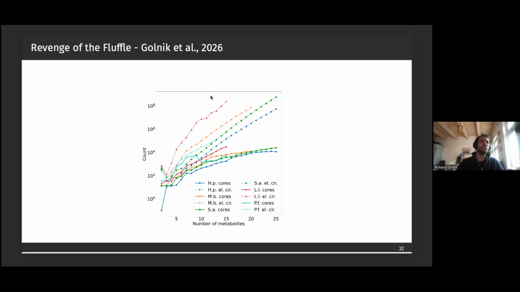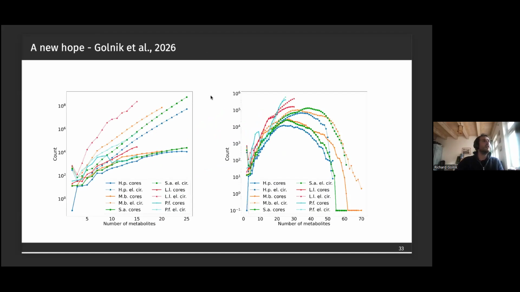Because if there is a metabolite to reaction chord in the elementary circuit, which induces a negative off-diagonal entry in the child selection matrix, then I will always have this chord. Whenever I stick this together with other elementary circuits, this negative off-diagonal entry will remain. And then we came up with the idea of enumerating only metabolite-to-reaction chordless elementary circuits.